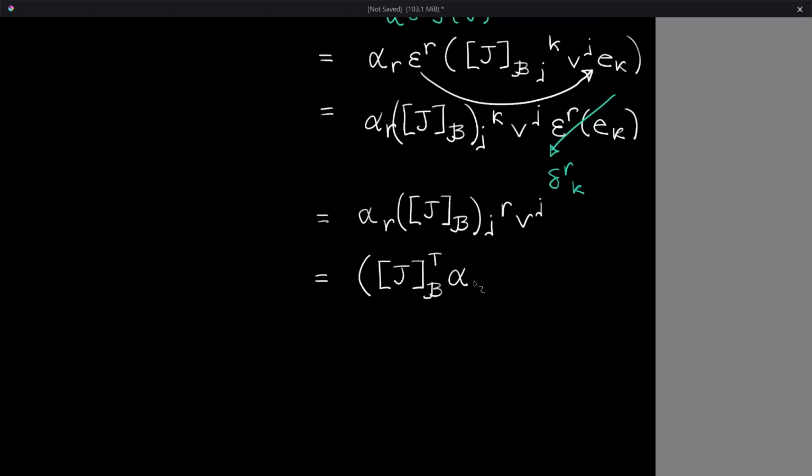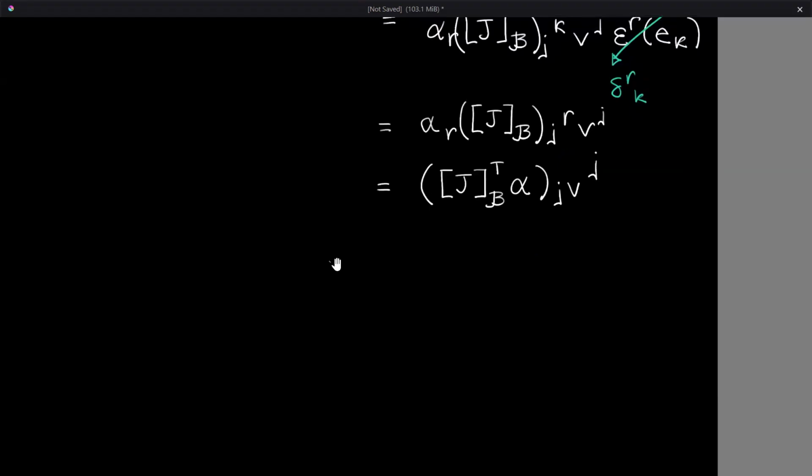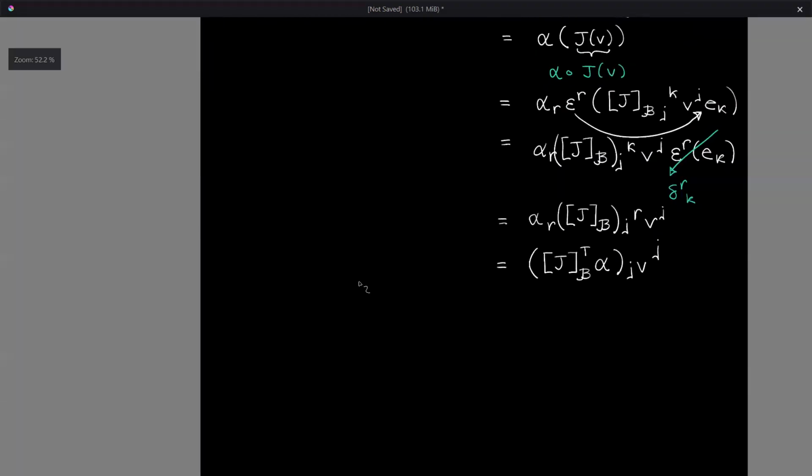Then we bring back the other side of the equation, and we get J star in the basis B star acting on alpha is equal to V J B transpose acting on alpha.